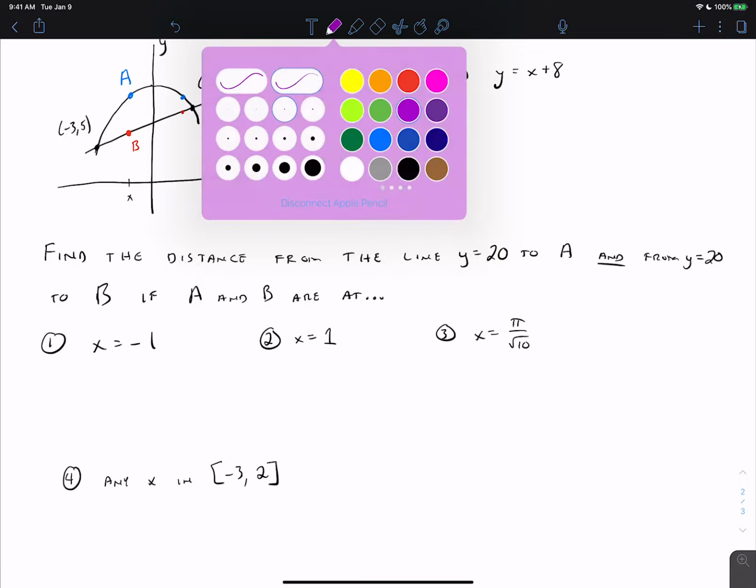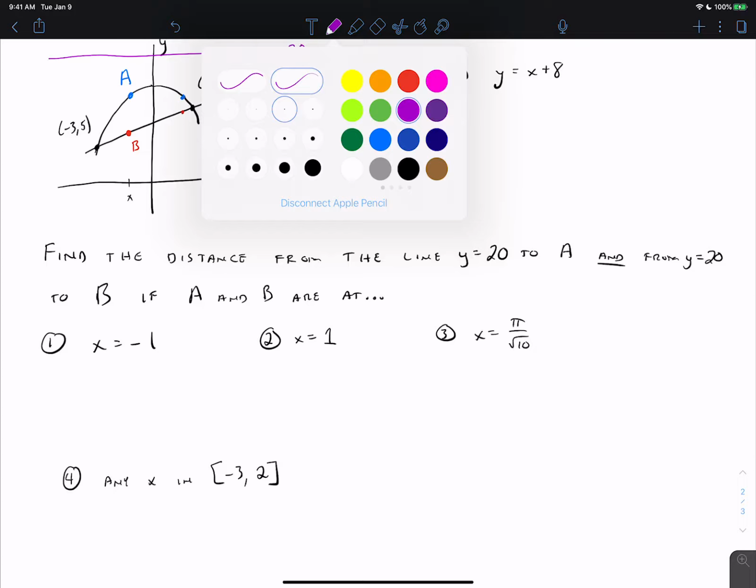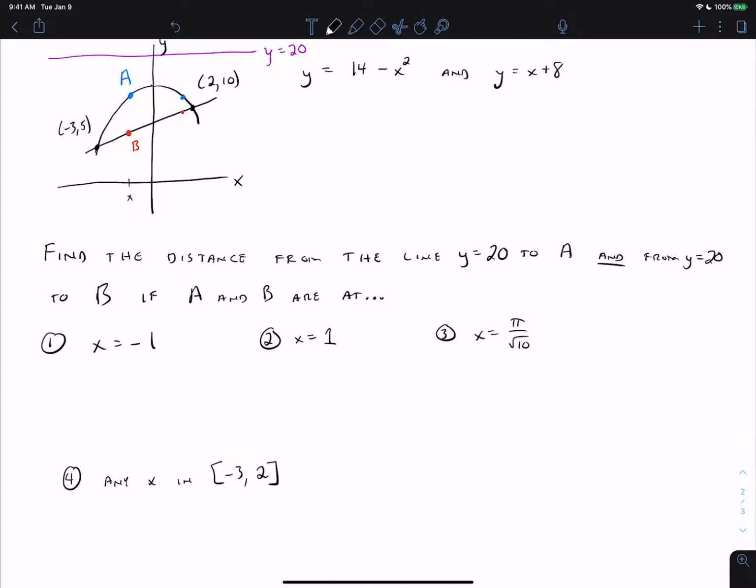And just to help real fast, y equals 20 would be a line up here, somewhere above the region, because the y-intercept on the parabola is 14. So pause the video, take a few minutes to try that problem, and we'll work it together in just a minute.